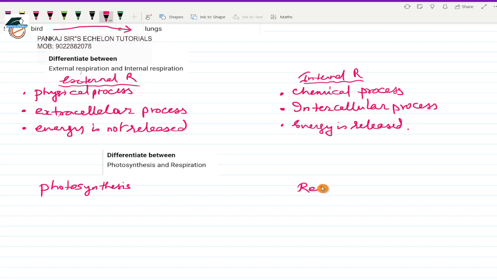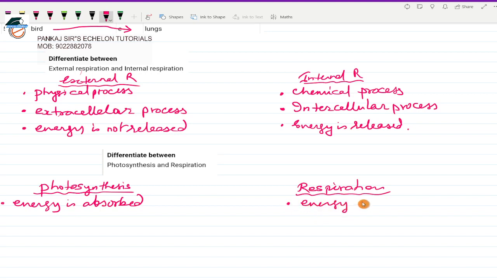Okay, so what is the difference between these two? The first point is, in photosynthesis, energy is absorbed, energy is taken in. In respiration, the energy is released. This is the first point of difference.